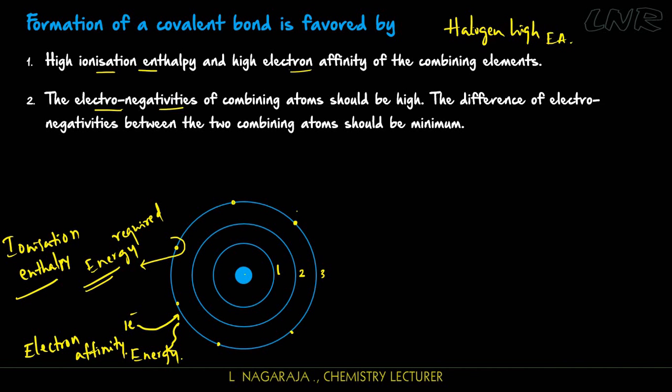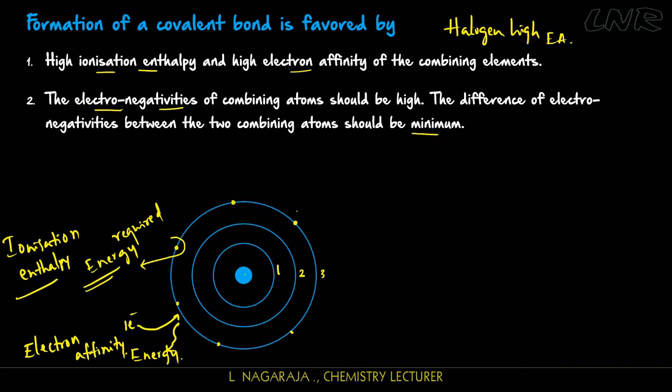The combining elements must have very high electronegativities. That is, the electronegativity of the two combining atoms is very, very high, and the difference between the electronegativities of the two combining atoms should be minimum.